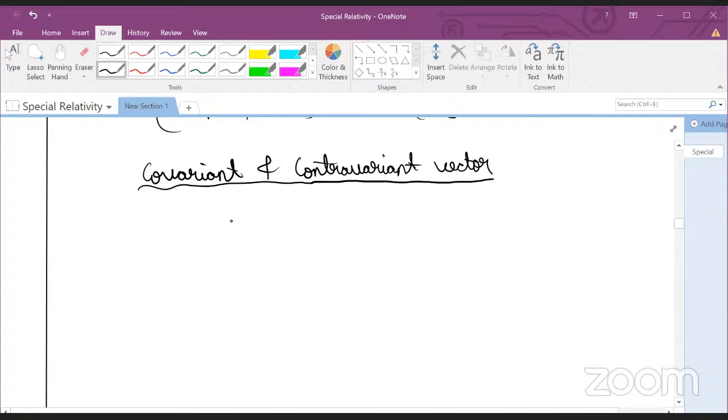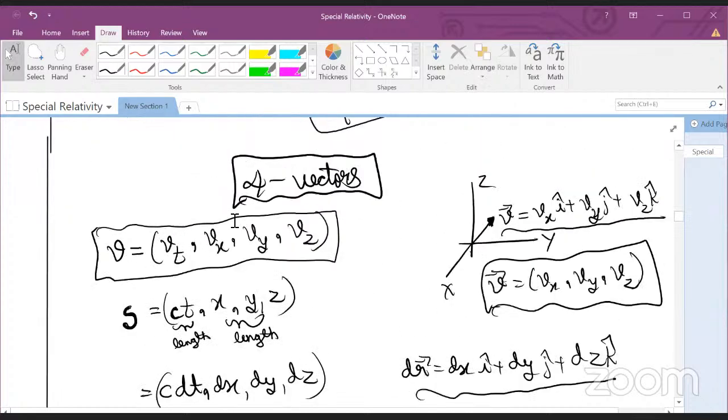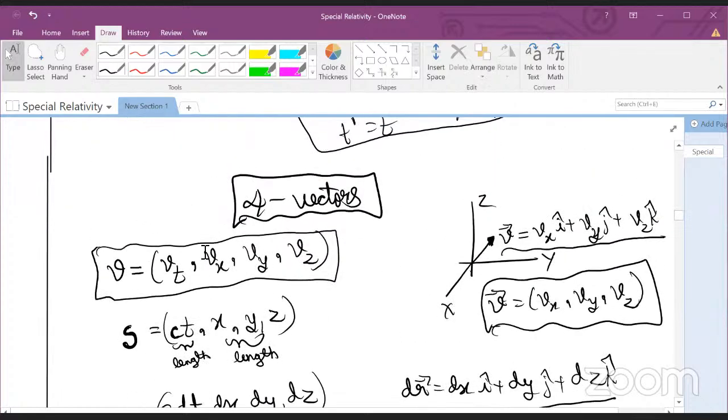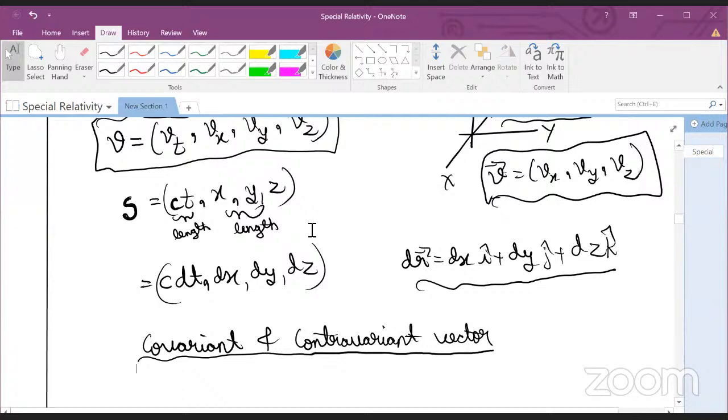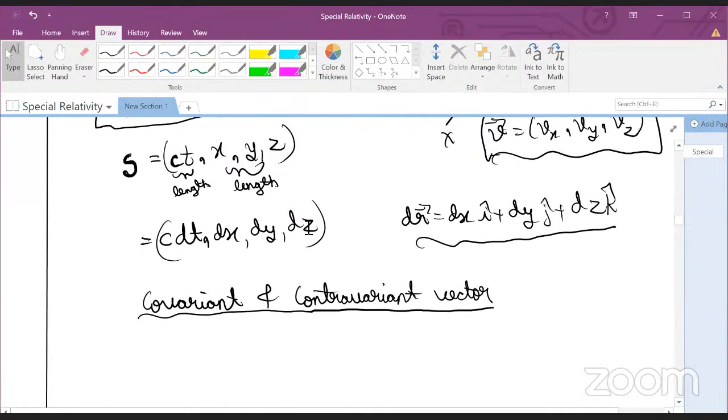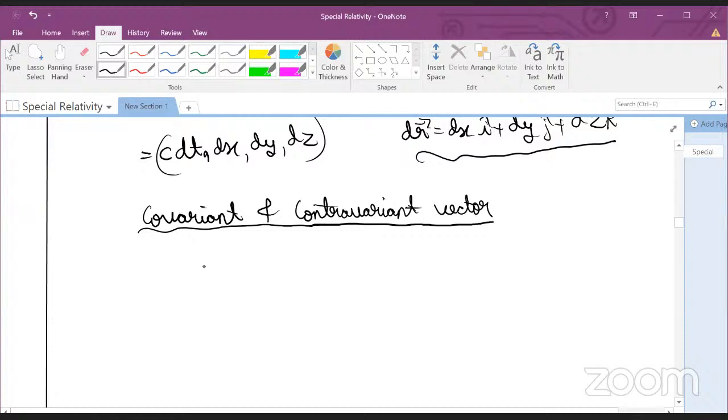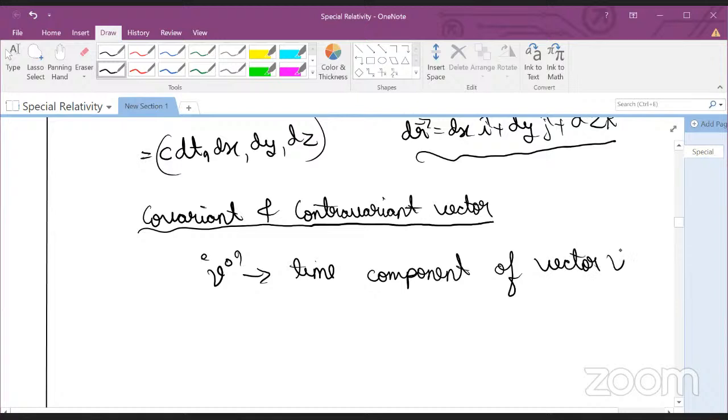We denote the components. We know any 4 vector has 4 components, right? It has a time component and 3 space components. So we can denote the time component with an index 0. For example, if I write v superscript 0, it refers to the time component of the 4 vector v.